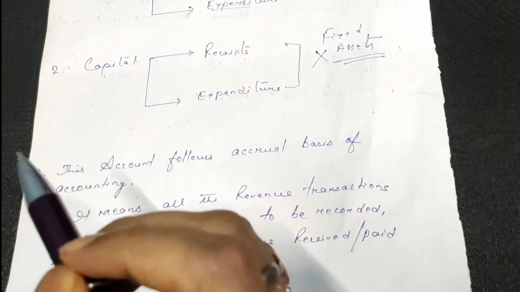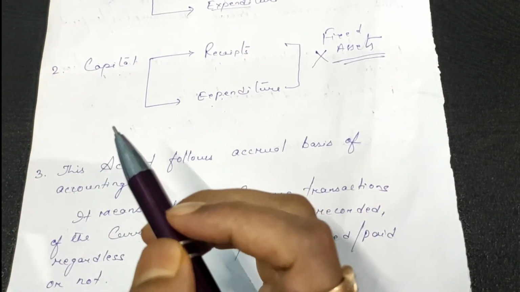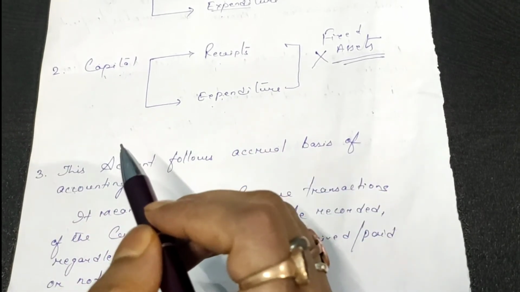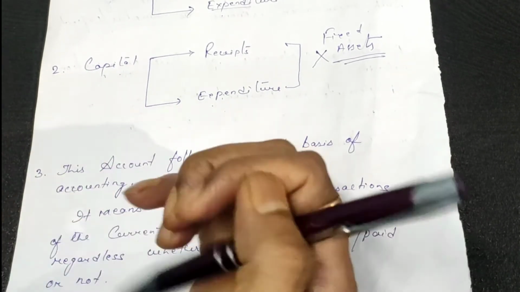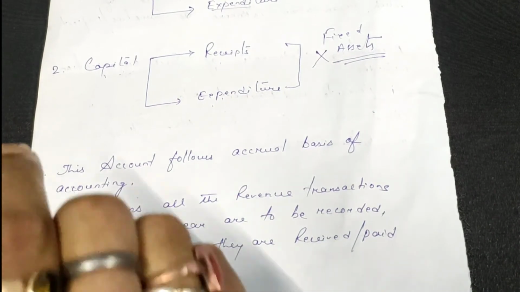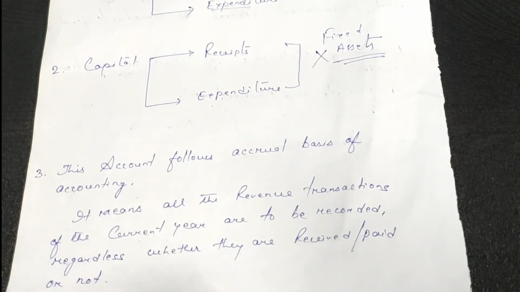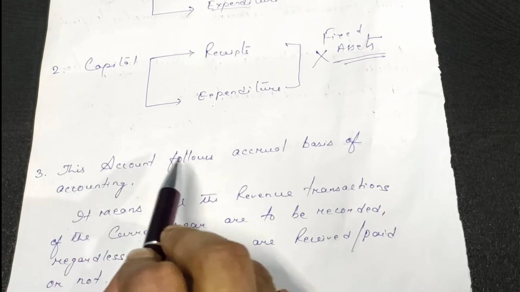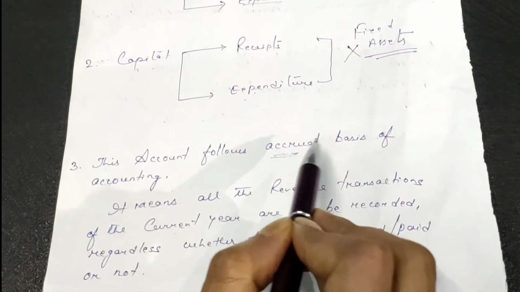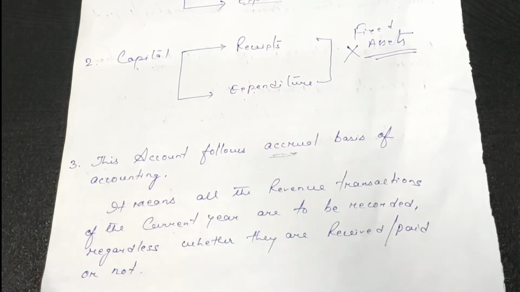The third point is a very crucial point for preparing the income and expenditure account. As I told you, your question will be in the form of receipt and payment basically, so from there we have to choose some entries and write them in the income and expenditure account. Now here you see, this account follows the accrual basis of accounting. What does it mean?